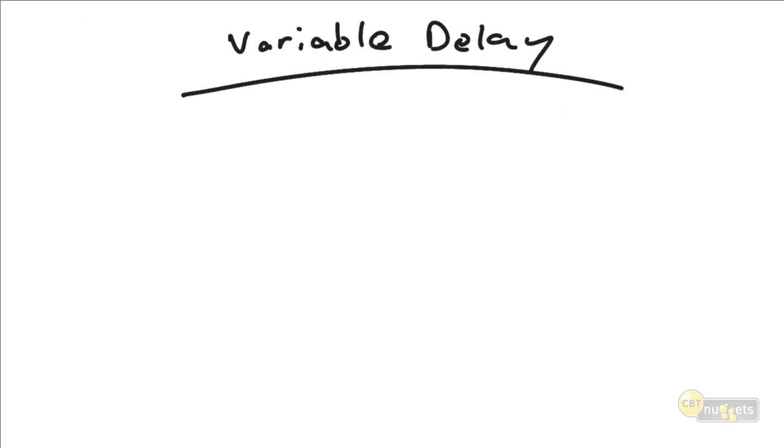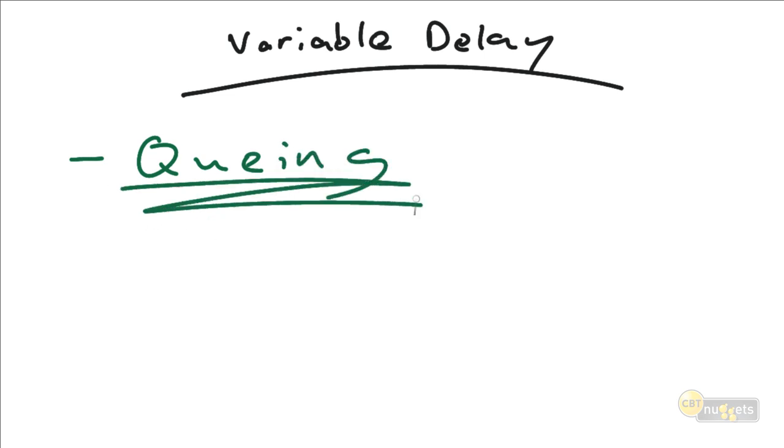Now, fixed delays don't tend to scare us as much as variable delay components. And one big one I want you to know is queuing delays. By the way, there are many different spellings of queuing in this sense. You'll see it Q-U-E-I-N-G. You'll also see it Q-U-E-U-I-N-G.